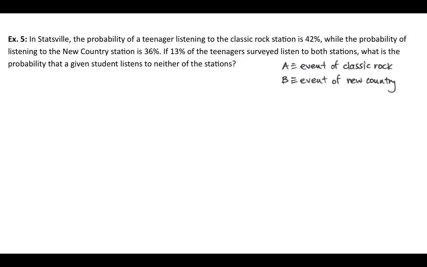So we'll set our event definitions. A is the event of a student listening to classic rock, and B is the event of a student listening to New Country. And this is our rule of addition for non-mutually exclusive events, which also happens to be the rule of inclusion and exclusion. If we change the P's to N's, it would simply be the principle of inclusion and exclusion.